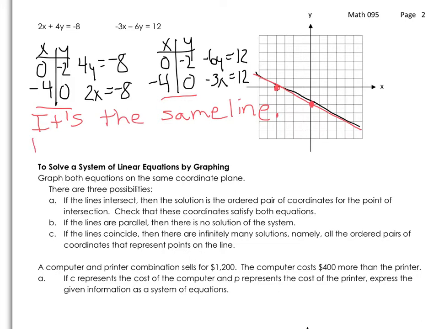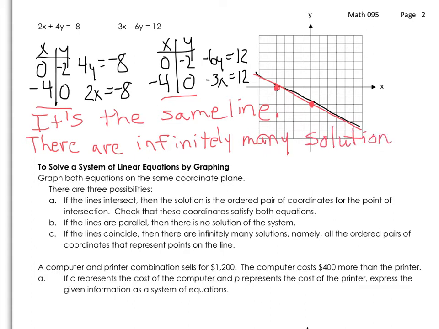So there are infinitely many solutions. Every point on the line is a solution to the equation.